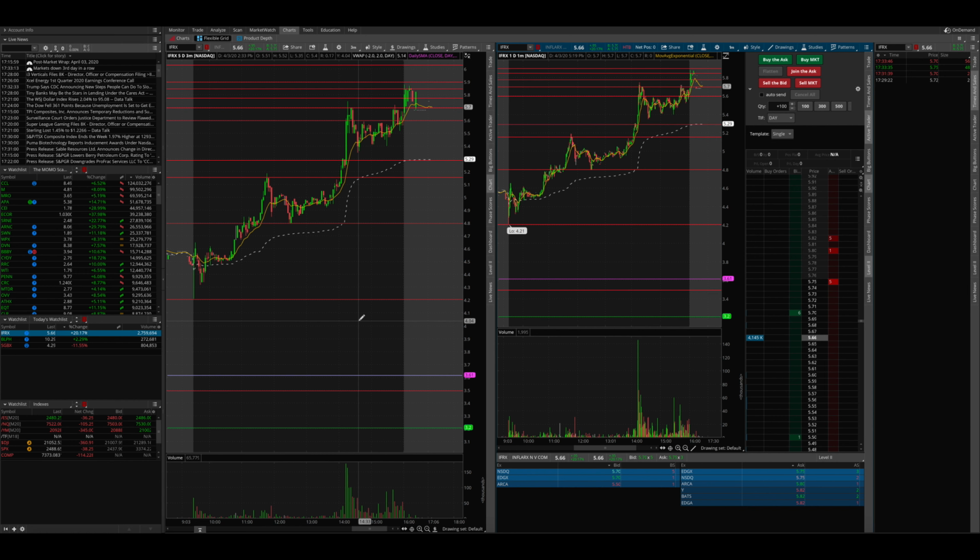There are many support and resistance levels within that trading day that you can use to make your entries and make a quick profit. And that's basically the gist of it.